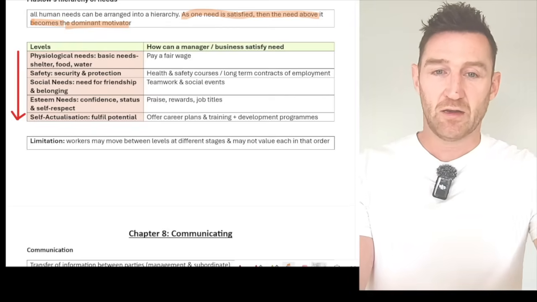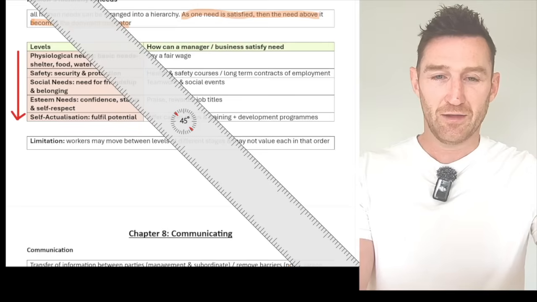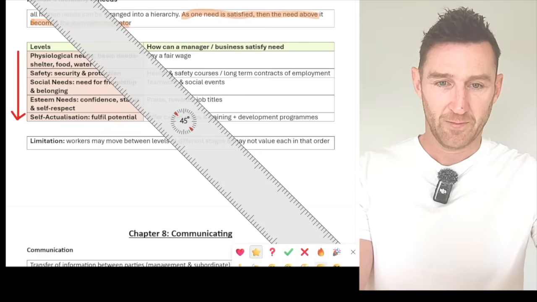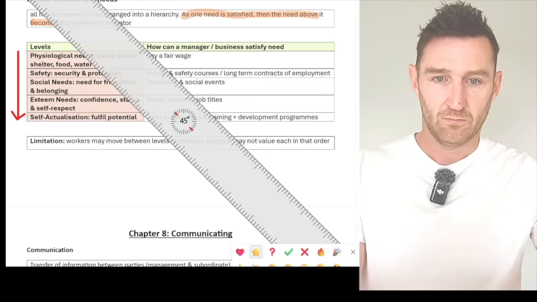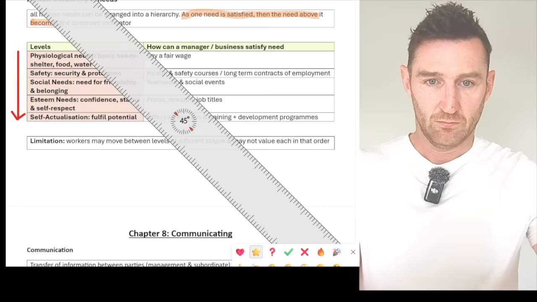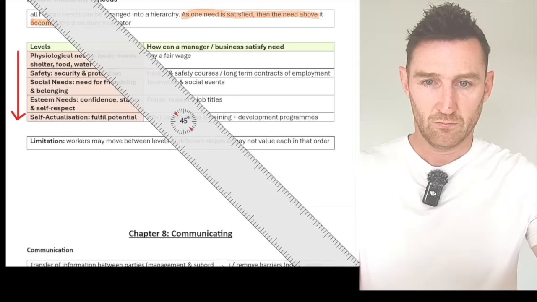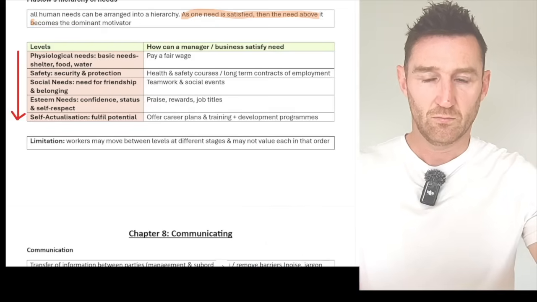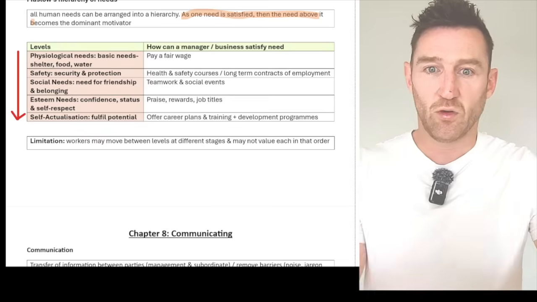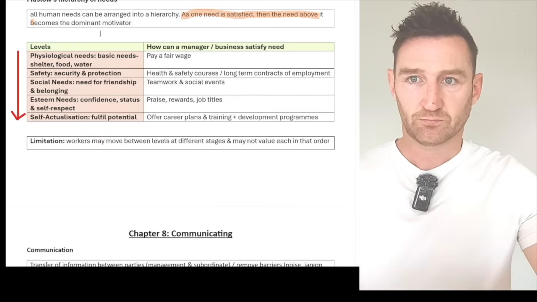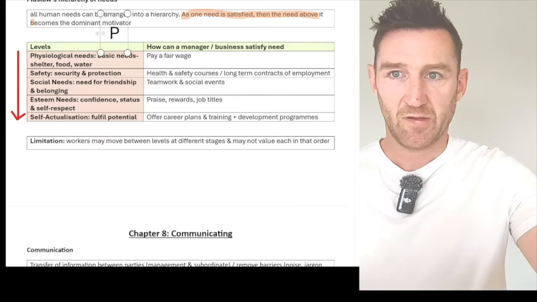Just a little word to help you remember the Maslow levels. You can remember POSSESS.